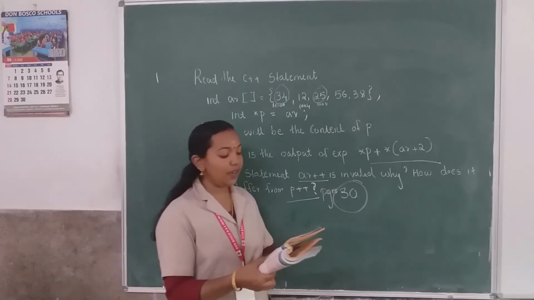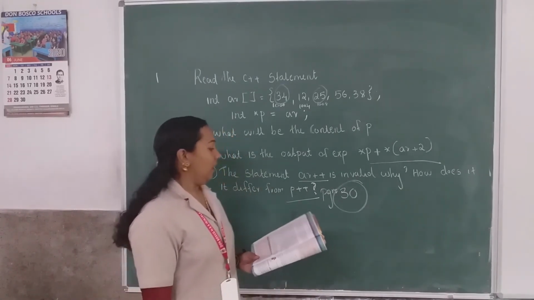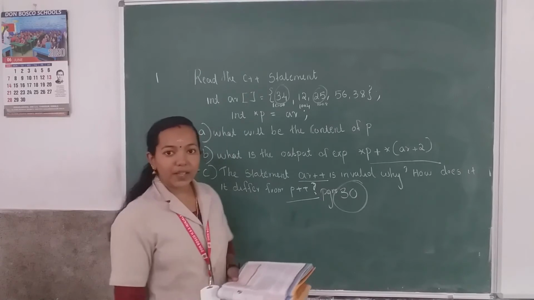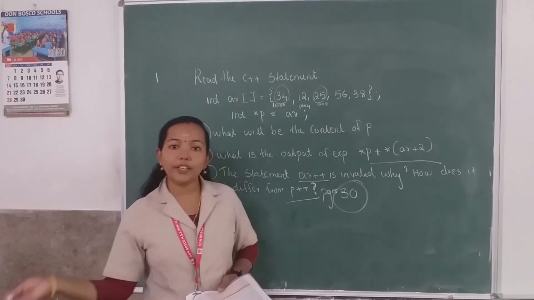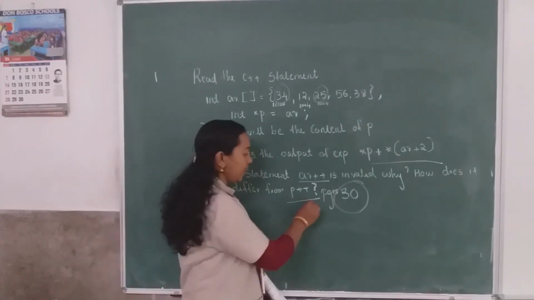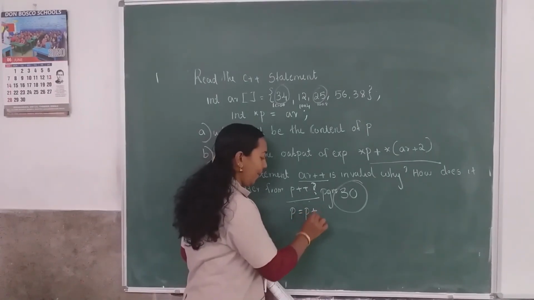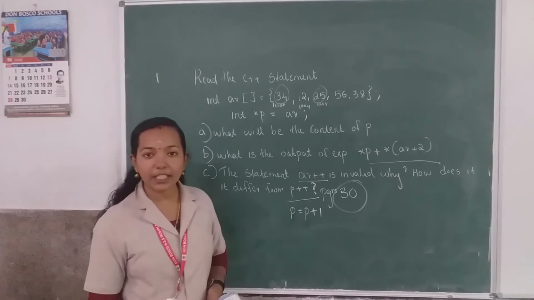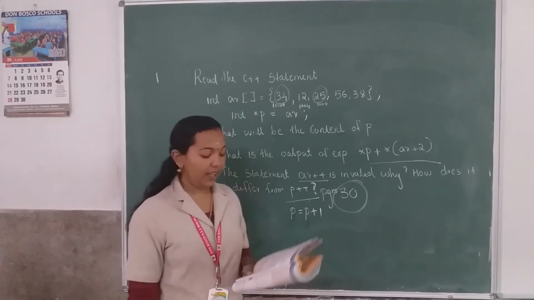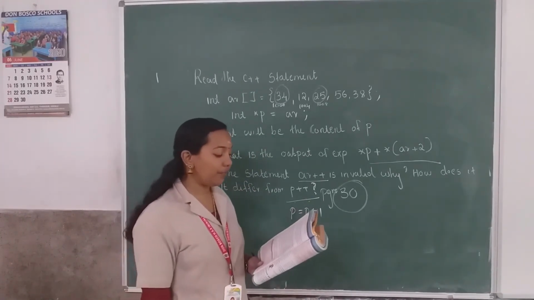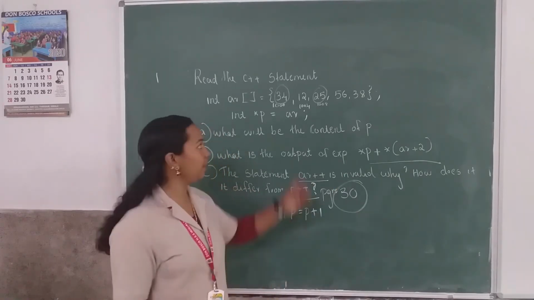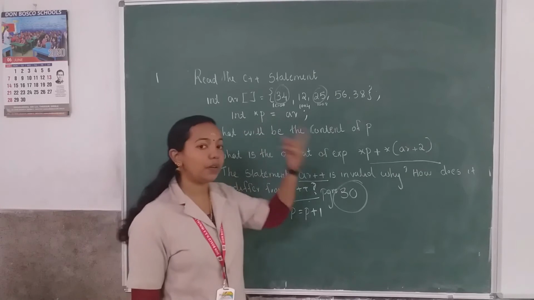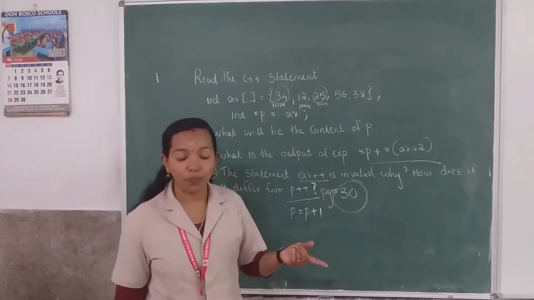Then, the statement P++ is valid and it is equivalent to P = P + 1. That means we are incrementing the pointer by 1. After the execution of this statement, P is pointing to the next location. That means if it was AR[0], it will point to AR[1].